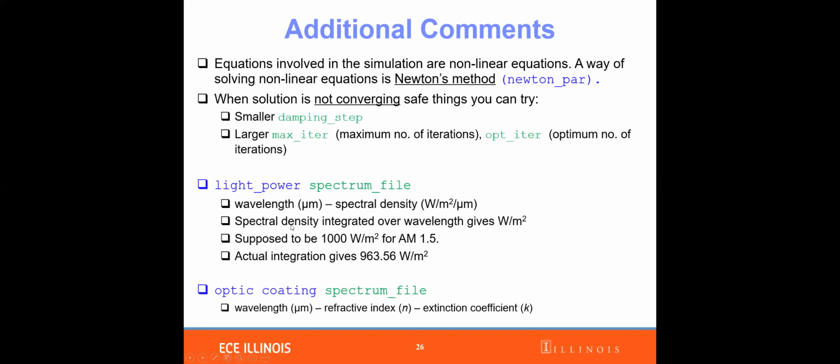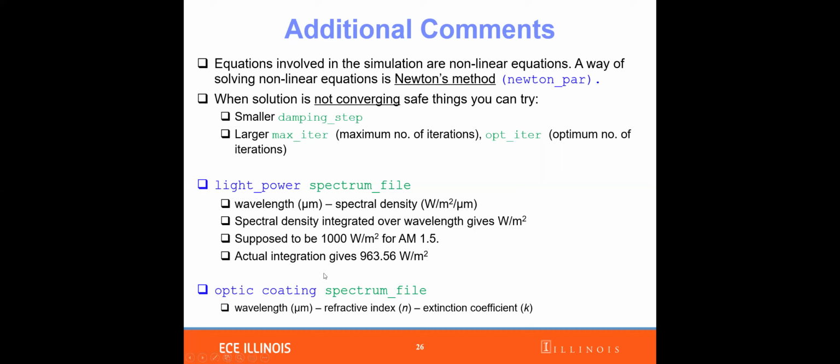If you integrate the spectral density over wavelength, you will get the solar power density, which is defined in units of watts per meter square. Now, typically 1,000 watts per meter squared is for air mass 1.5, but the actual integration will give you 963.56 watts per meter square. Yeah, but you need to keep in mind that you need to use the actual one for higher accuracy.